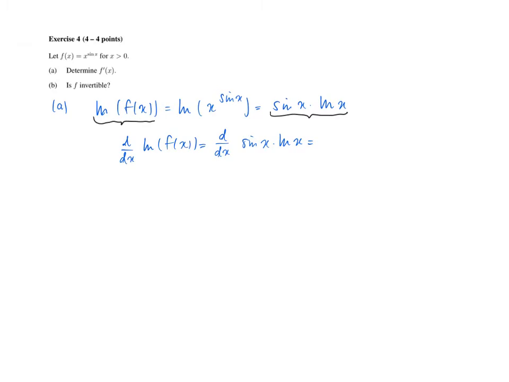So we get the first term, we take the derivative of the sine of x, which is the cosine of x times the log of x, plus the sine of x times the derivative of ln x, which is 1 over x. On the other hand, we also know that the derivative of the log of f(x) is equal to 1 over f(x) times the derivative of the internal function, which is f prime, or the derivative of f(x).